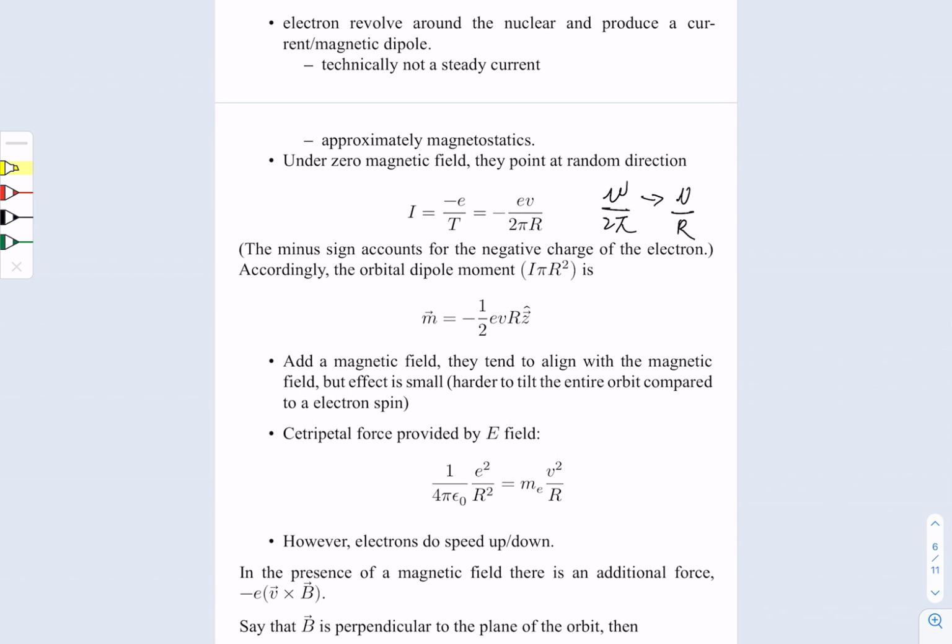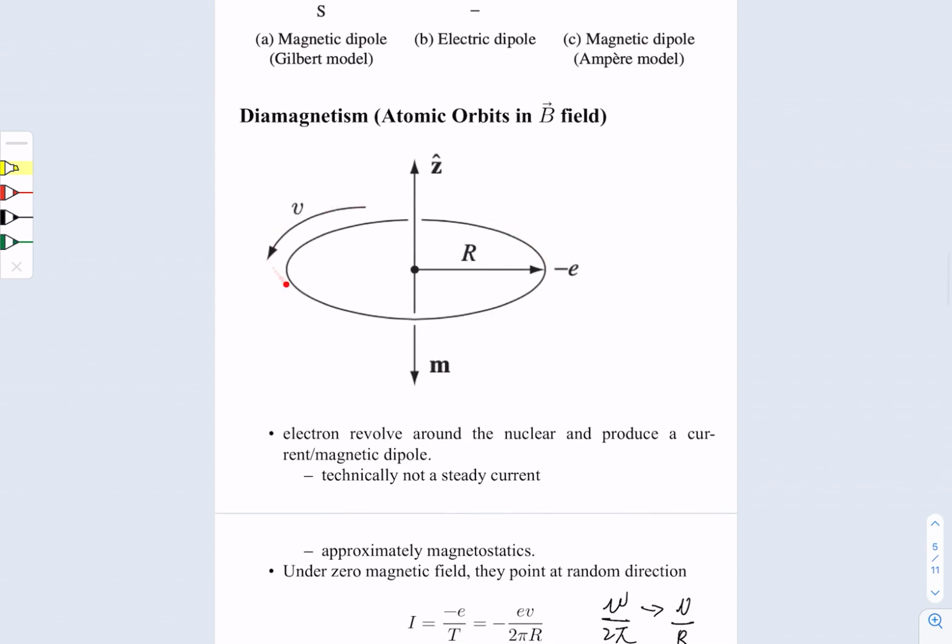without this magnetic field, the electrons will orbit around the orbital here, and you can imagine that's the centripetal force. So the centripetal force is simply the force responsible for the rotation, right? So the centripetal force is entirely provided by this electric force here.